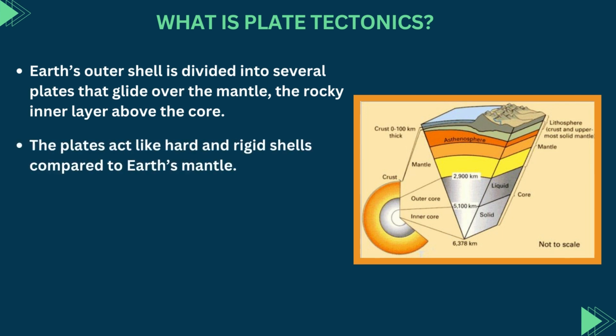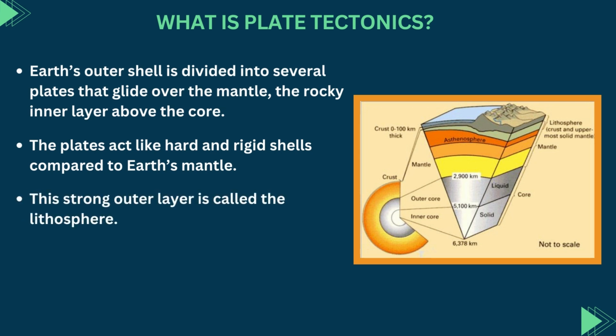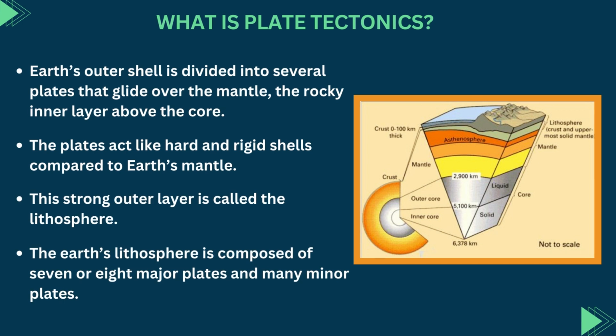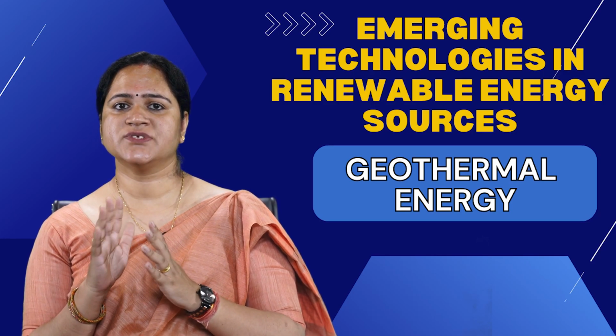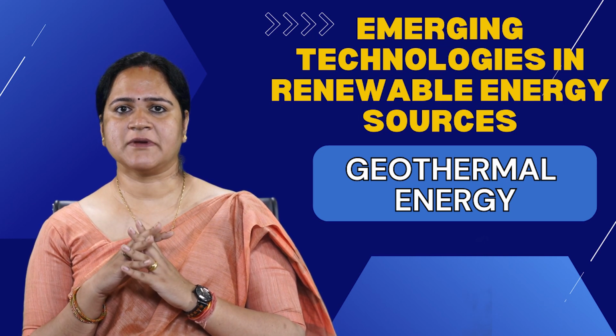The plates act like hard and rigid shells compared to the Earth's mantle. This strong outer layer is generally known as the lithosphere, and the Earth's lithosphere is composed of 7 or 8 major plates and many minor plates. These 7 or 8 major plates generally act as the tectonic plates.